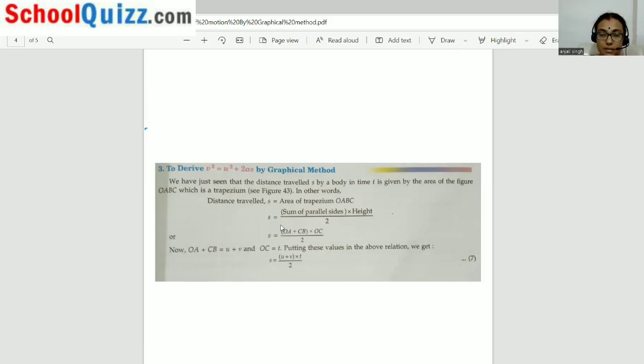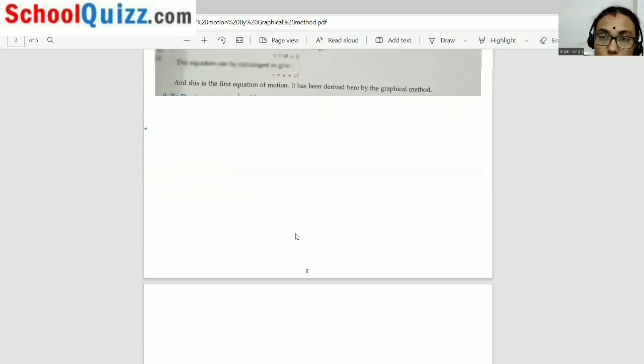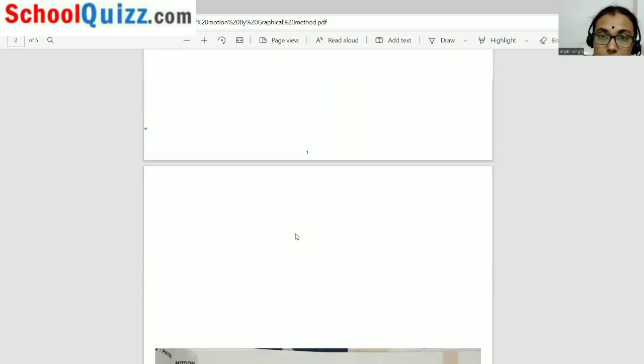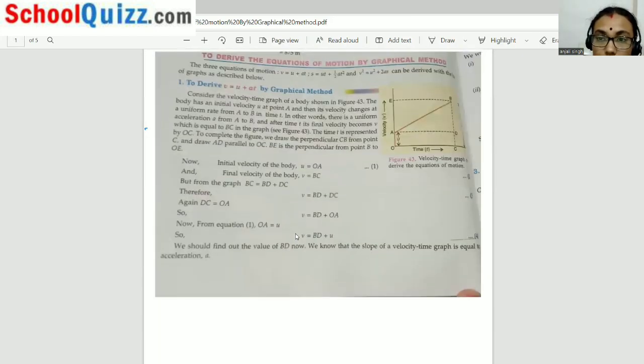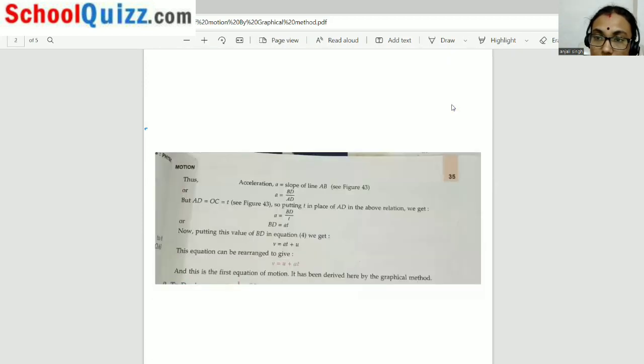The parallel sides are OA and BC. They are the parallel sides, OA as well as BC. Clear?